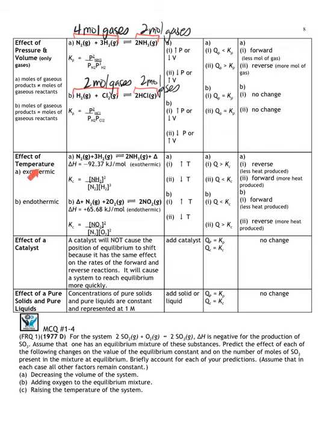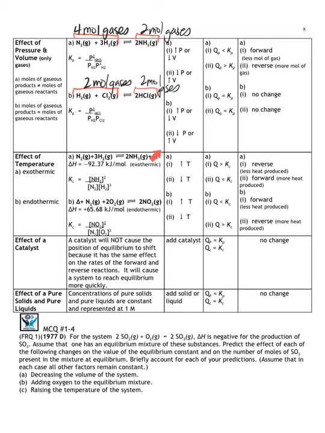Let's move on to the effect of temperature. When it comes to temperature, you actually have to look to see if the reaction is endothermic or exothermic. We know that if the delta H is negative, that means it's exothermic, so heat is going to be on the product side right here.